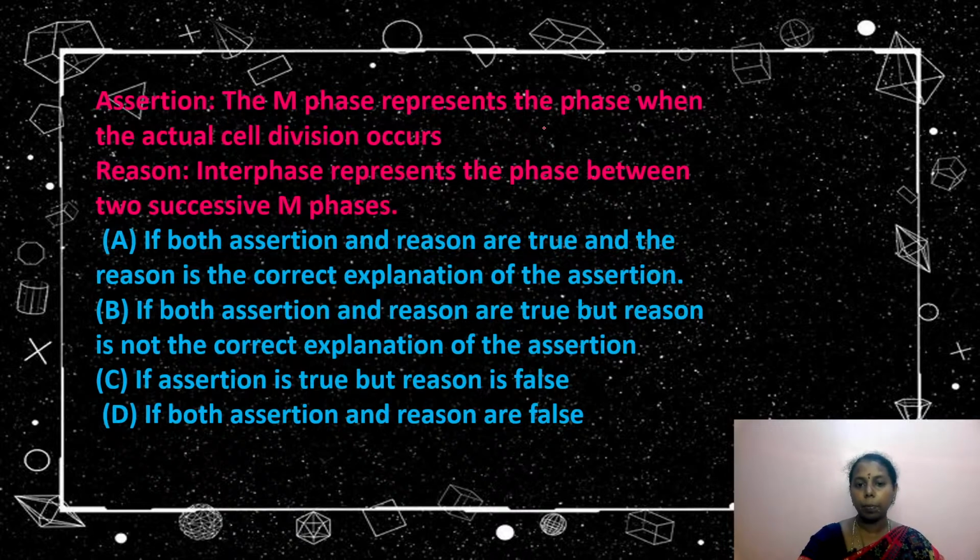Assertion: The M phase represents the phase when the actual cell division occurs. Reason: Interphase represents the phase between the two successive M phases.